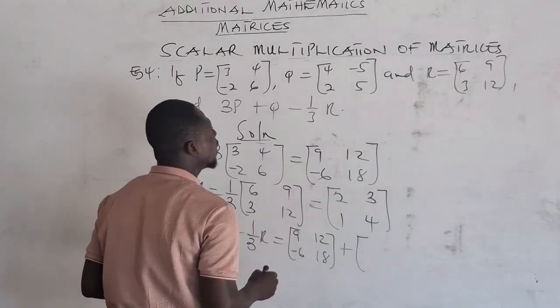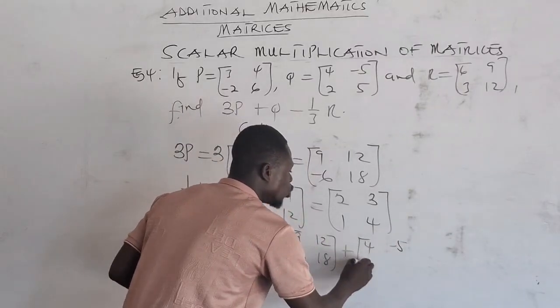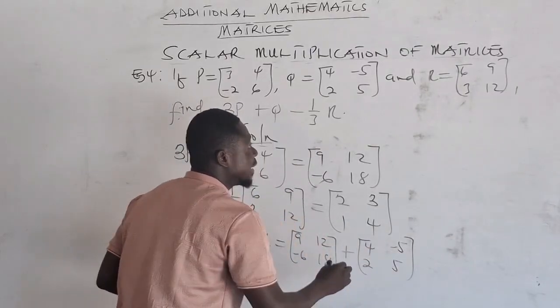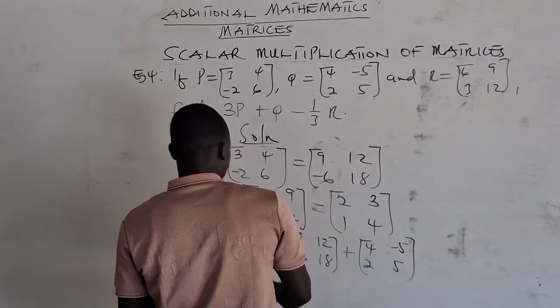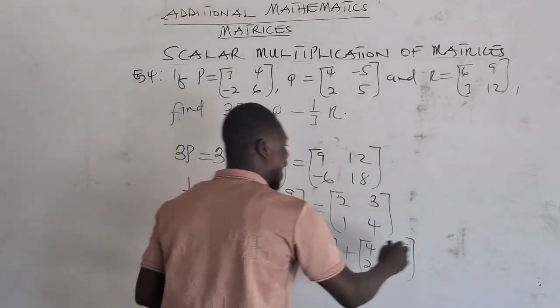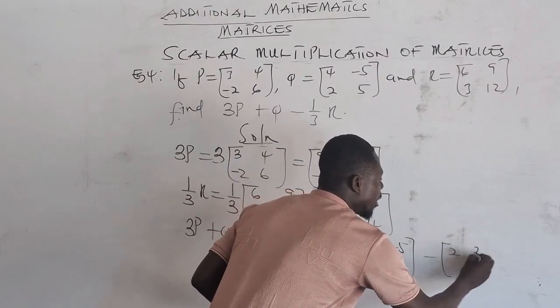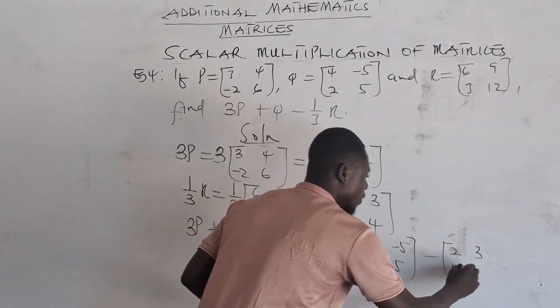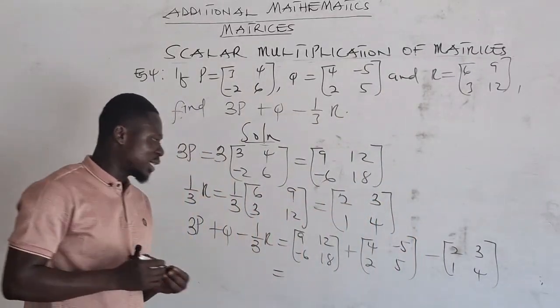So we have the q as 4, negative 5, 2, 5. And then our r component, we had the whole thing as 2, 3, 1, 4. So we are going to simplify everything.